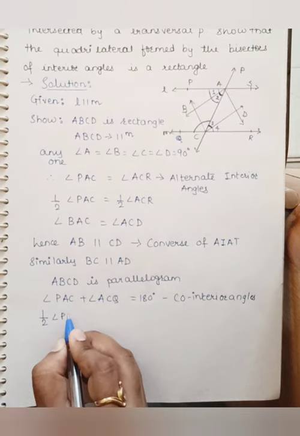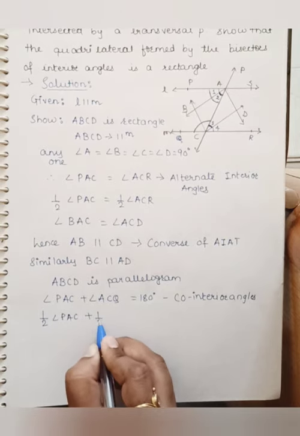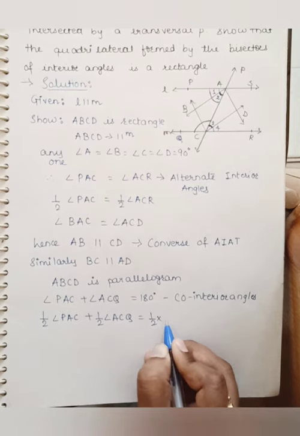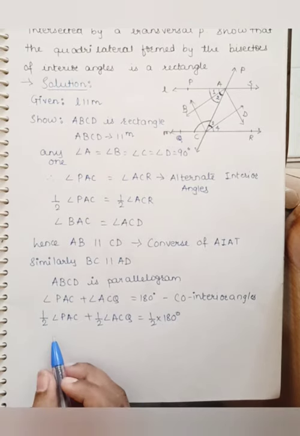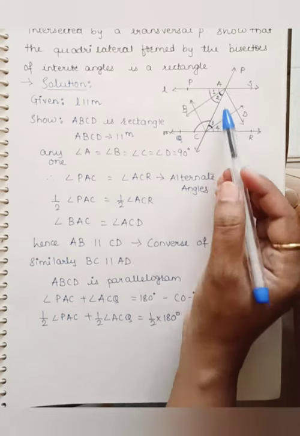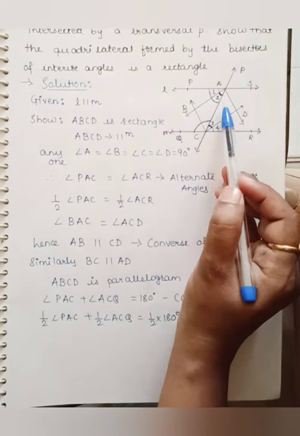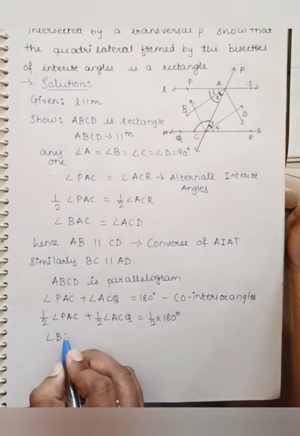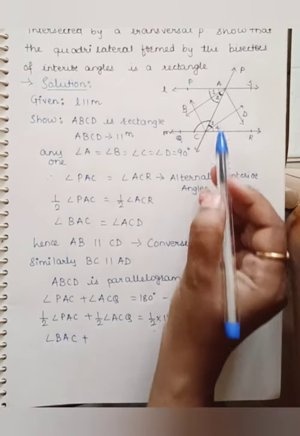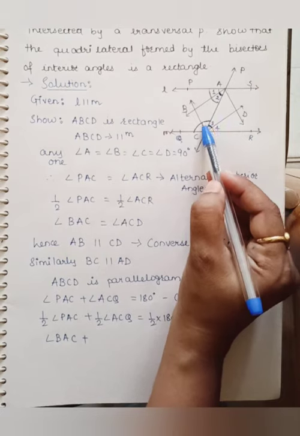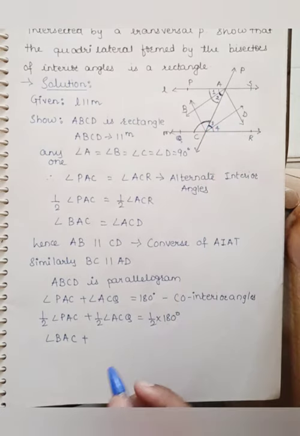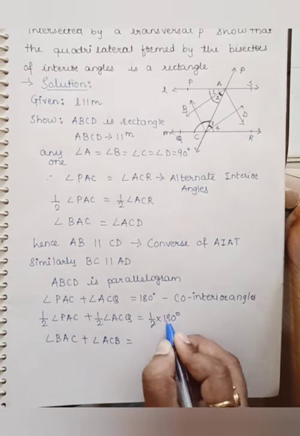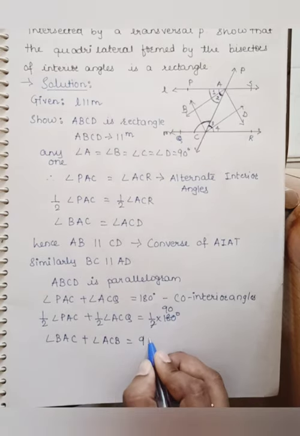So half angle PAC plus half angle ACQ will give me half into 180 degrees. Now what is half of PAC? Consider the angle inside the quadrilateral. So half PAC means this angle 2, which is nothing but BAC. Similarly, ACQ, consider this inside angle, which is ACB. And when you multiply it with half, you will get the value as 90.